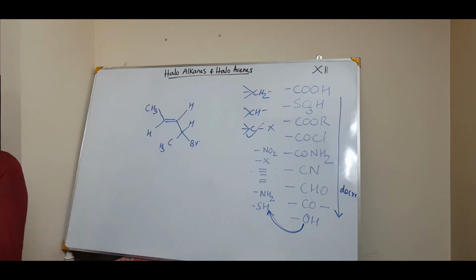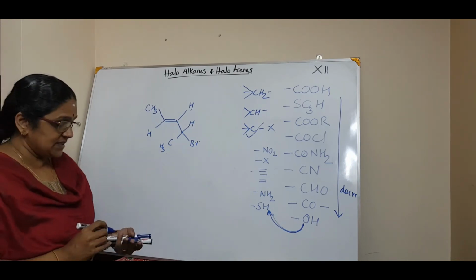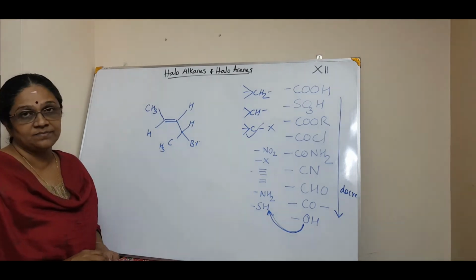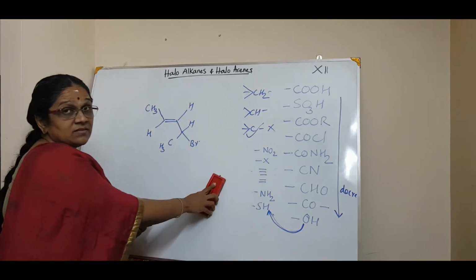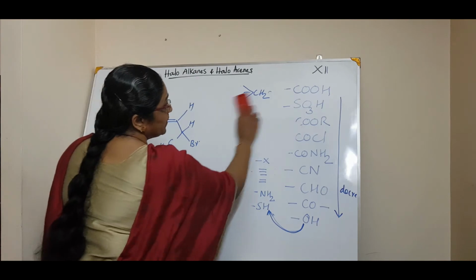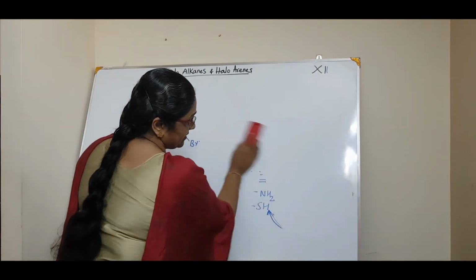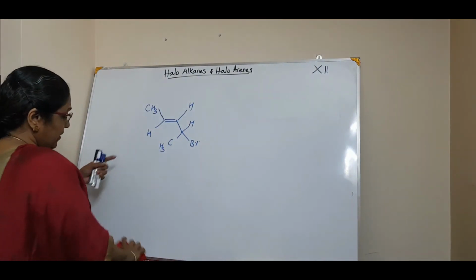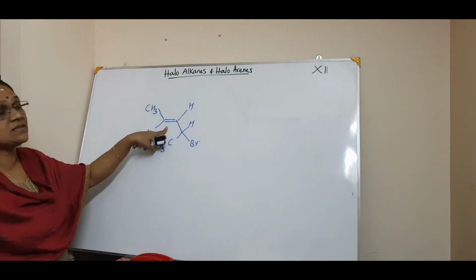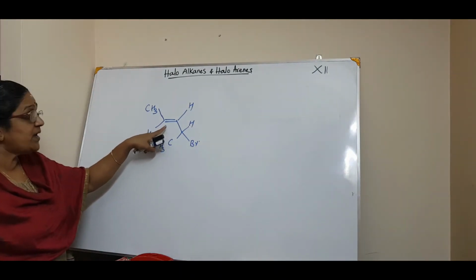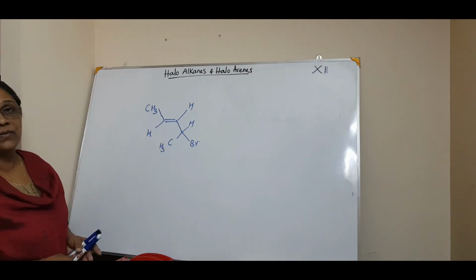Normally in the board exam this type of question comes. Hope you have written this. Very, very important. Now they will ask, write the IUPAC name for this given compound.